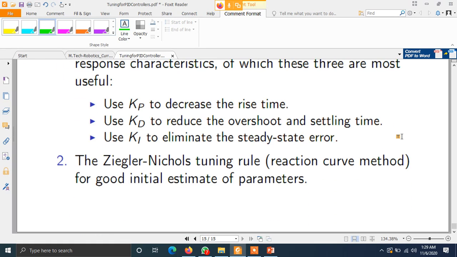The next one is the Ziegler-Nichols tuning method, or tuning rule. In the very first case it is not so good, but for an initial process it is fine.